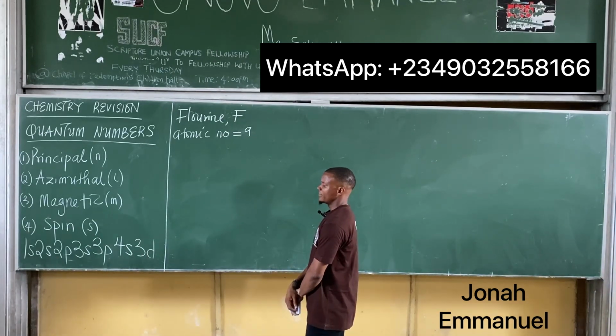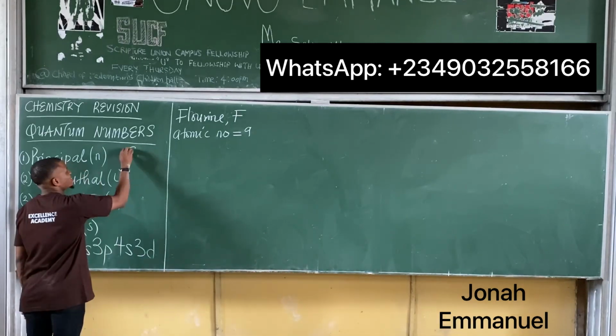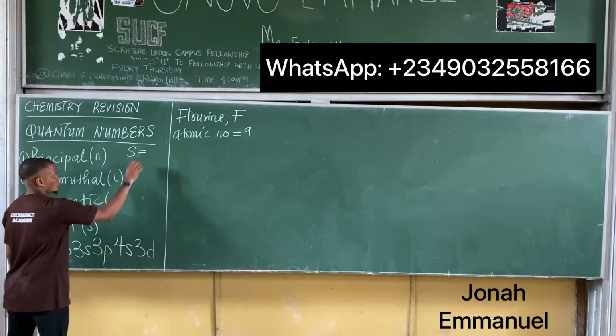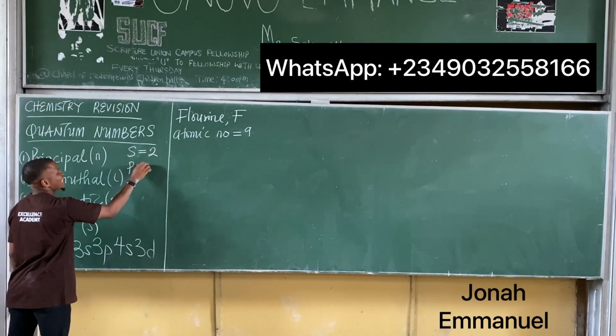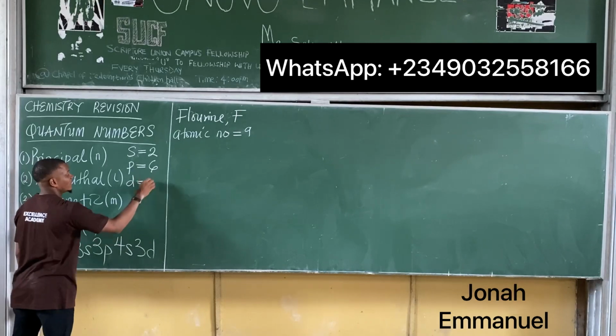Let's get 9 for this. For your SPDF, for the s shell, what's the maximum number of electrons? 2. For the p shell, maximum electrons 6. For the d shell, maximum 10.